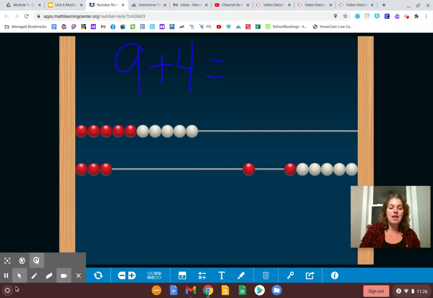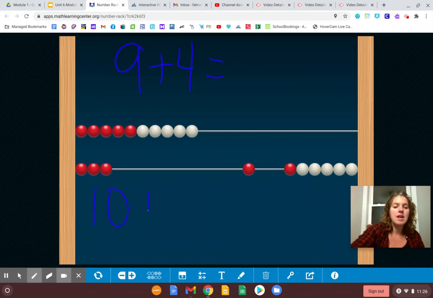So now instead of 9 plus 4, I have 10 plus 3. Write your answer down for those equations. 1, 2, 3, let me see. Right, we should have had 13. Both of those equal 13. Here you can see our 10, 11, 12, 13.